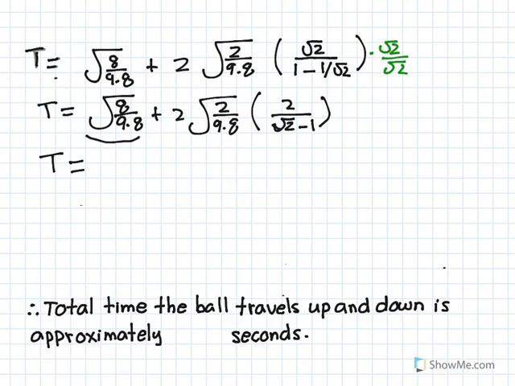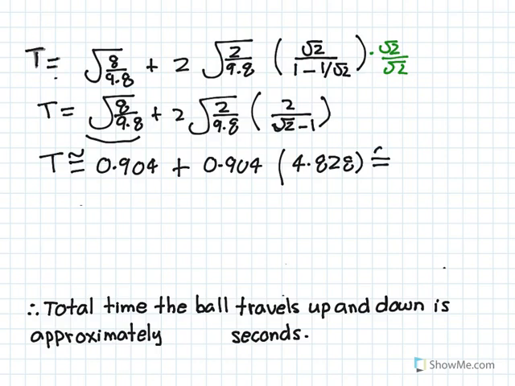If we decimalize this expression, we get approximately 0.904, plus 0.904 times 4.828, and this is approximately 5.27 seconds. So the total time that this ball travels up and down is approximately 5.27 seconds.